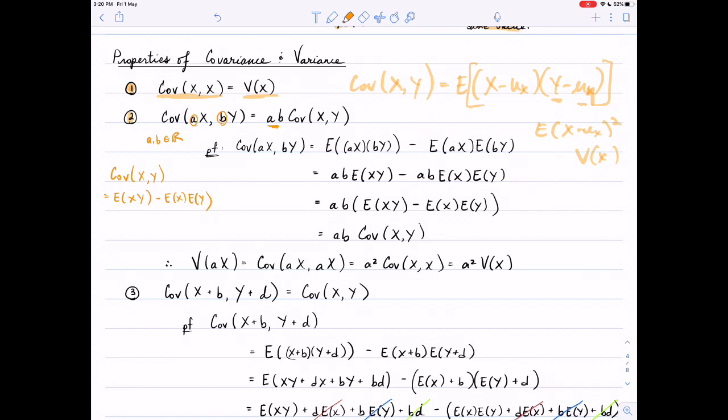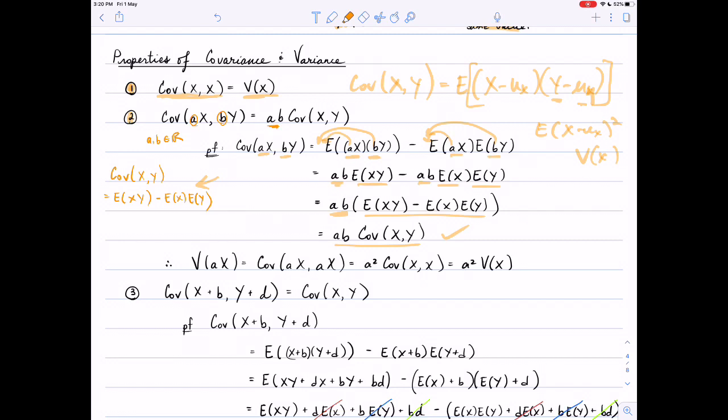If we use that formula here, plugging in ax for the x, by for the y in the computational formula, doing it in both places, linearity of the expected value says that I can pull the constants outside of the expected value, and I can do that in all cases. So I'm getting ab times the expected value of xy minus ab E of x E of y. Factor out the ab. Here is the computational formula of the covariance, and it is as simple as that.